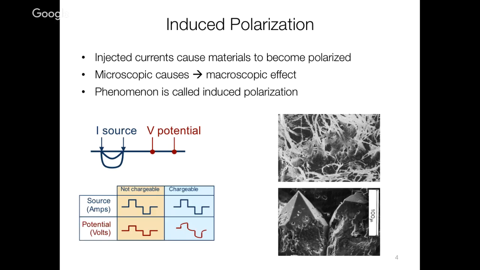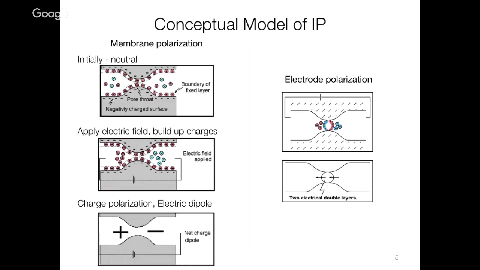Then when you turn it off, the same thing happens, it drops down and then decays. As I said, it's a microscopic phenomenon. There are a lot of things going on involving surface areas of minerals, as well as how everything is connected. But there is that macroscopic representation.